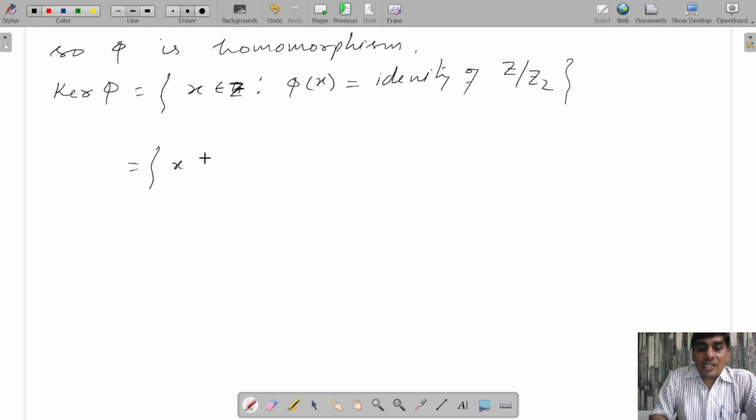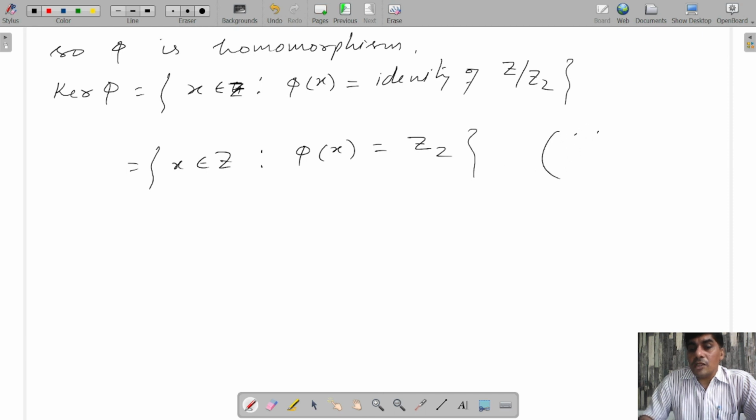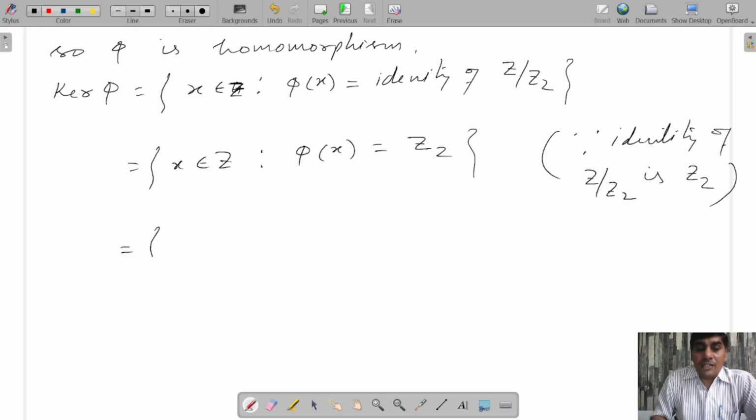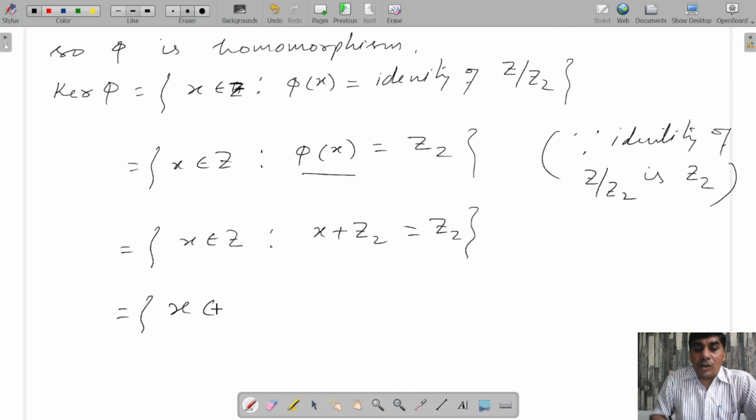That is, x belongs to Z such that phi of x is equal to Z2, because identity of Z by Z2 is Z2, which is equal to x belongs to Z such that x plus Z2 is equal to Z2, because phi of x is equal to x plus Z2, which is equal to x belongs to Z such that x belongs to Z2.